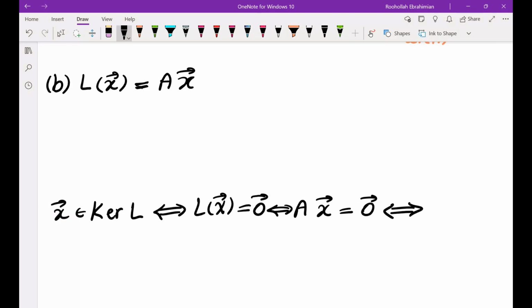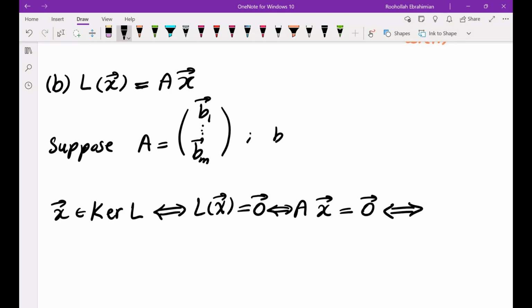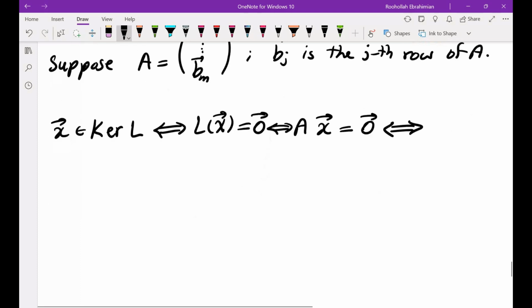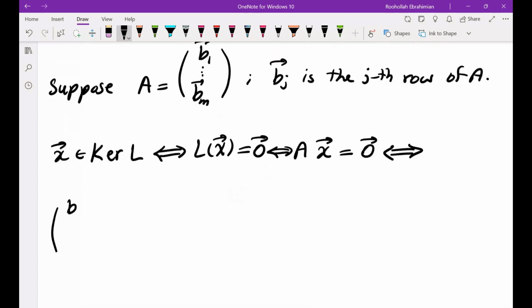Now let's understand this AX equals 0. So what does this mean? Let's suppose that A is equal to B1 all the way to Bm. These are the rows of A, Bj is the jth row of A. Okay, so let's write this down. This is the same as B1 all the way to Bm times x equals 0.